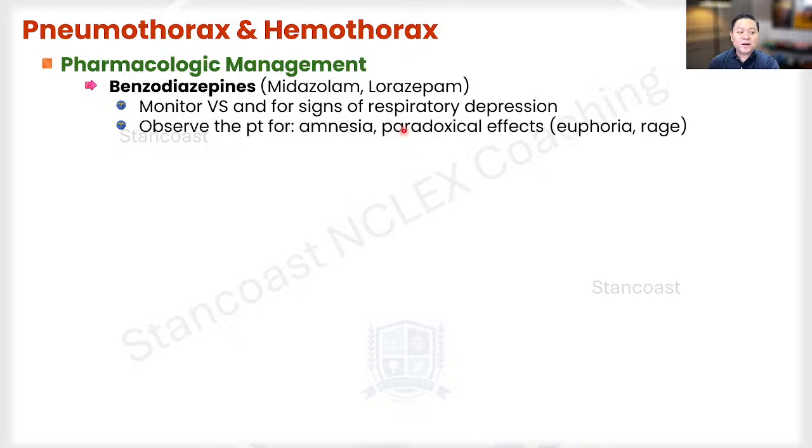Also be aware that this can lead to amnesia, and it can cause some euphoria, which is a paradoxical effect, or maybe they will change their behavior. There will be some rage instead of being sedated. So that is something that would probably surprise you.